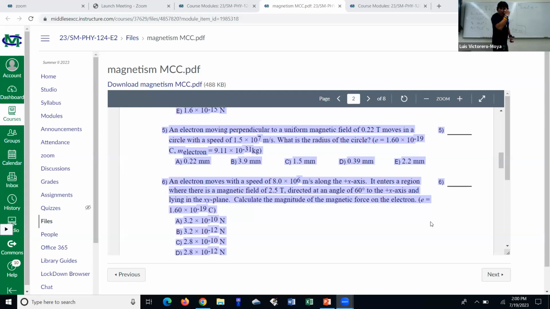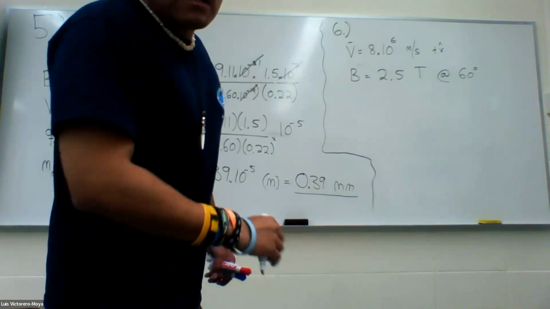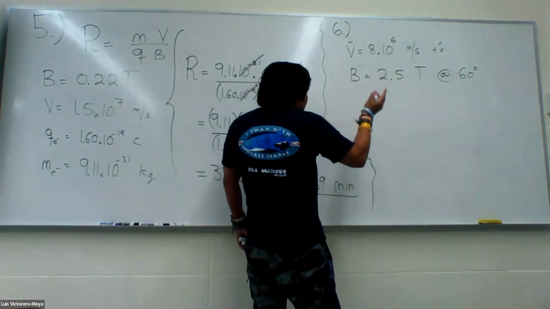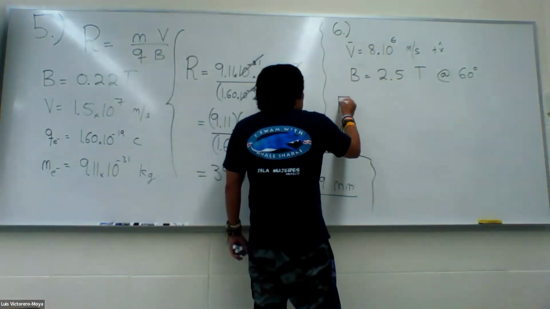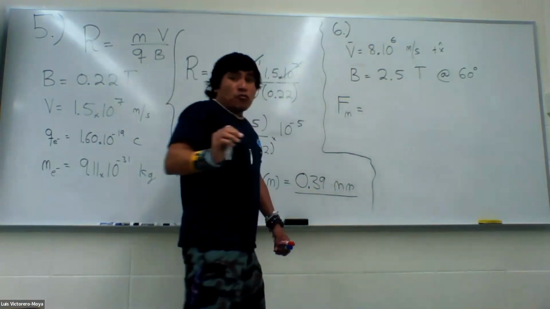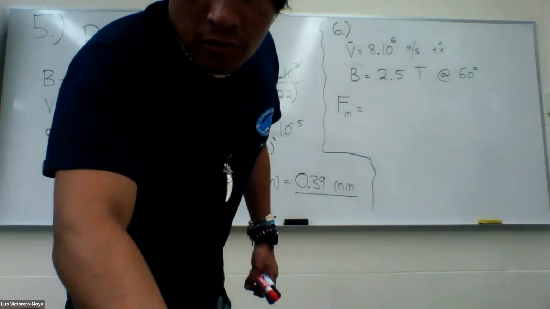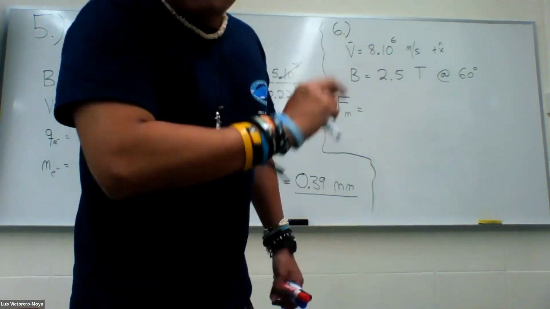And you have the field of magnitude 2.5 teslas at 60 degrees with the x-axis, right? So the data is given like that. And it's an electron. If they ask you for the magnitude, you don't have to worry about the vector. Yeah, they only ask you for the magnitude.